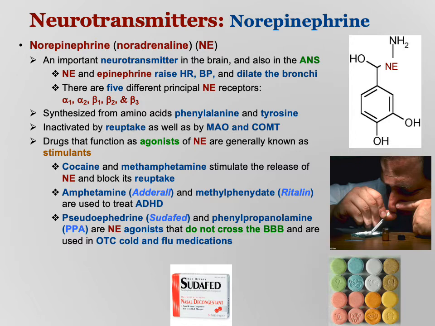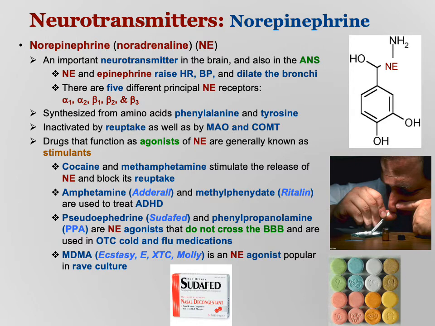And so people had to figure out an alternative, and they did. They figured out that you could take Sudafed, and using some relatively simple household chemicals, you could turn Sudafed and phenylpropanolamine into methamphetamine. You ever see Breaking Bad? That's what was going on there. You can turn simple over-the-counter drugs into methamphetamine. That's why now it's so hard to get them.